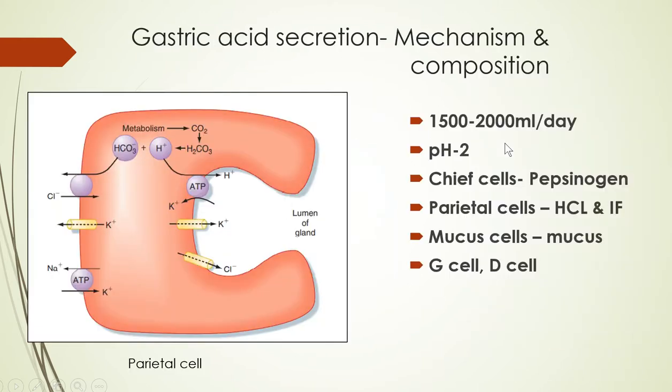If we talk about gastric acid, there are different cells, but to know what they secrete, first let's see the gastric juice, which is composed of secretions of all these cells. Basically 1500 to 2000 ml of gastric juice is secreted per day, having a pH of around 2.